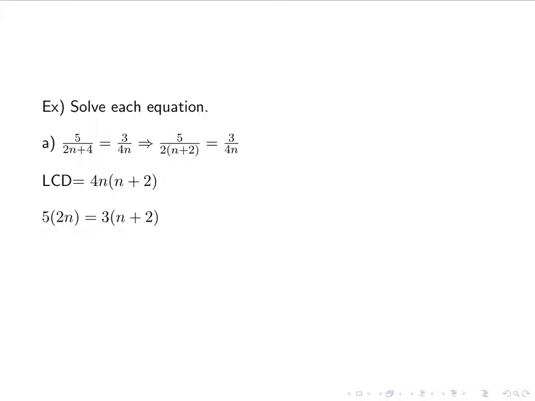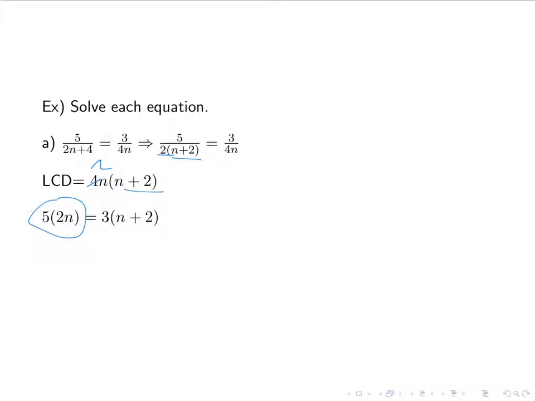When I multiply my first term by my LCD, the 2 gets taken out, and the n plus 2 gets taken out. So I have the n plus 2, 2 of the 4, so I still need a 2, and the n. So I have 5 times 2n.